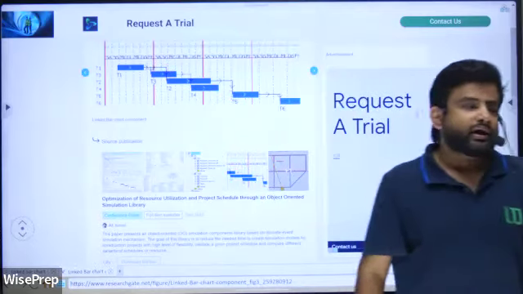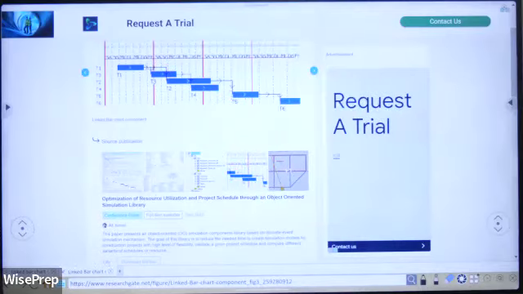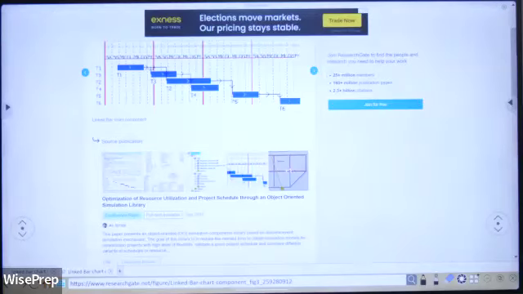So write down: as in the linked bar chart, interdependencies of all the activities is shown.